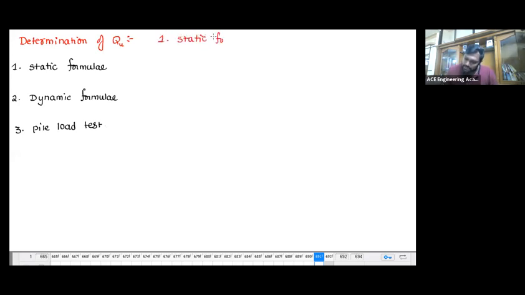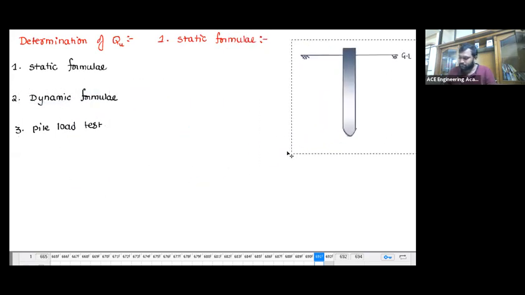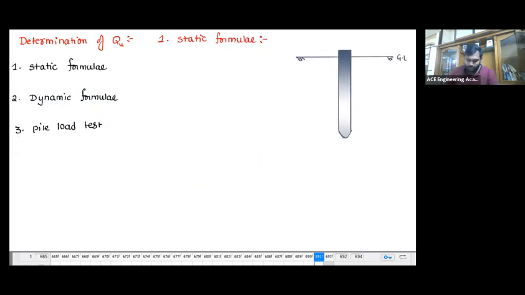What happens in the case of the static formula? Listen to me carefully. Take the same pile. Now, please observe. When a vertical load Q is applied on the pile, while I am driving, this is the final position I'm telling you.